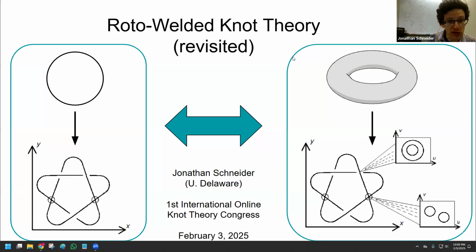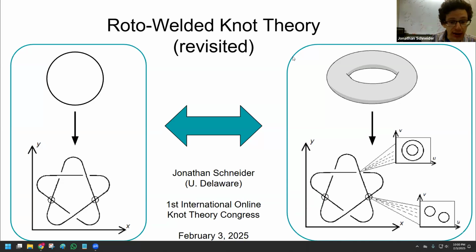The basic goal of this project is to find a correspondence between a purely diagrammatic knot theory, just involving knot diagrams in the XY plane involving Reidemeister moves, with a topological model for that involving a torus in 4 space.